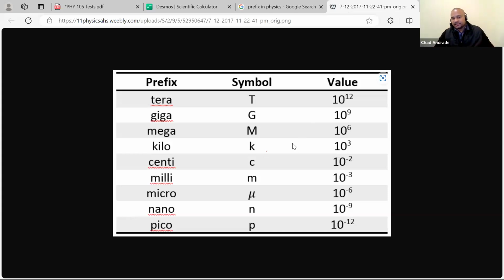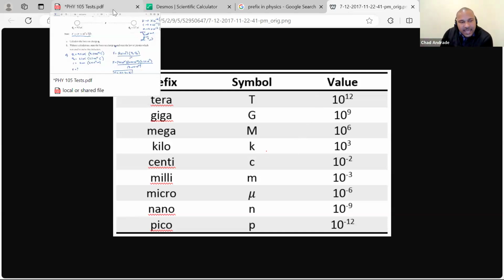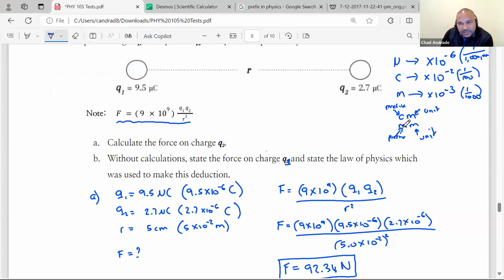Here's a messed up thing in physics. We use the same symbol M for both milli, which is the prefix, and M again for the unit. I think that messes things up when you're looking at it visually. You see M and it means prefix, and then you see another M and it means the unit.